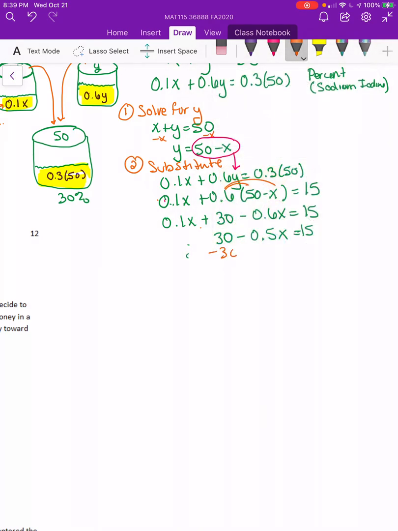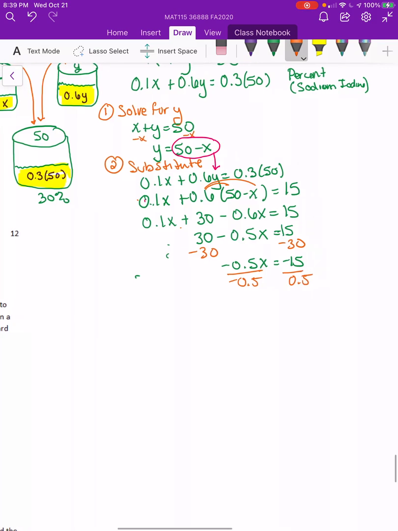Now we can start to add or subtract to both sides. So we're going to subtract 30. So we'll get negative 0.5x is equal to negative 15. Then you'll divide both sides by negative 0.5. So you'll get x is equal to 30.